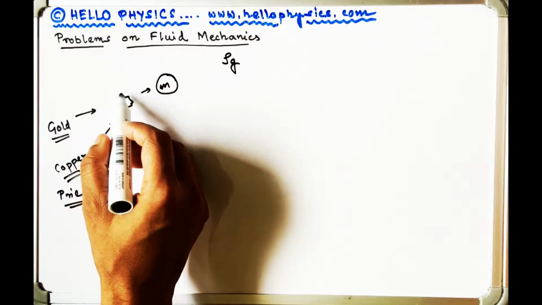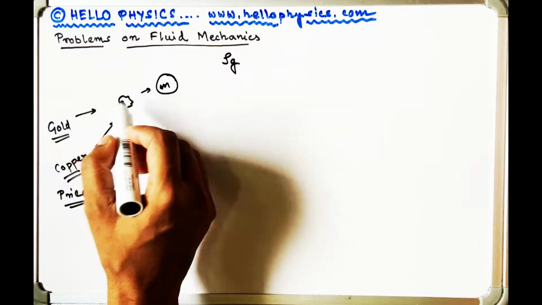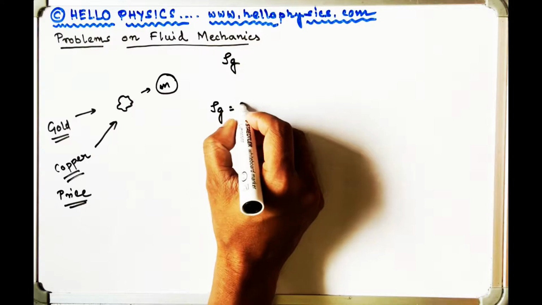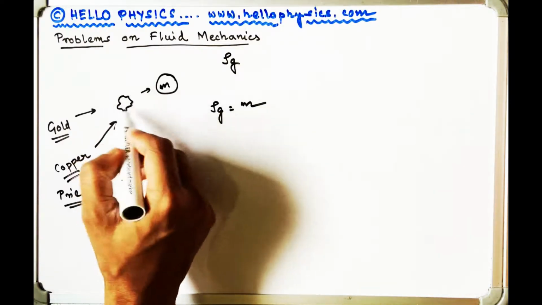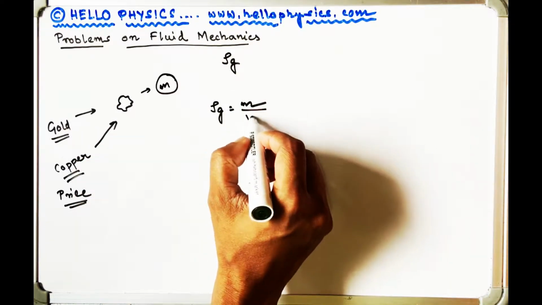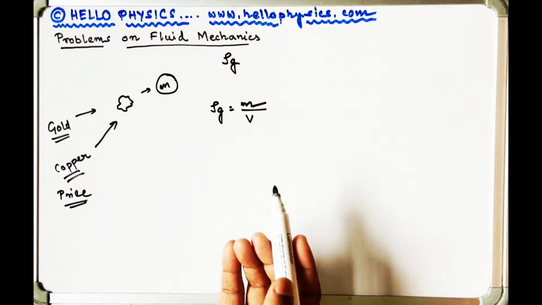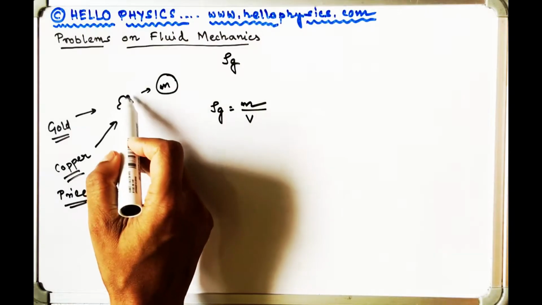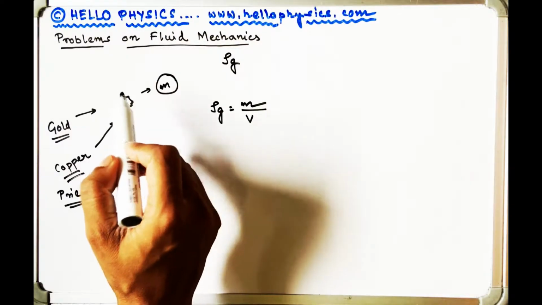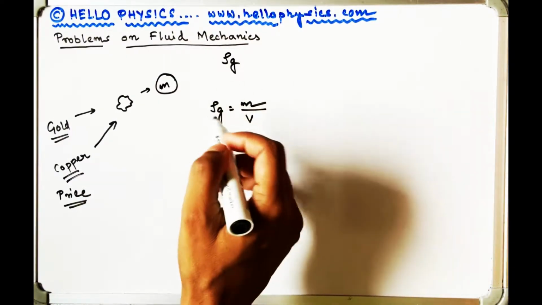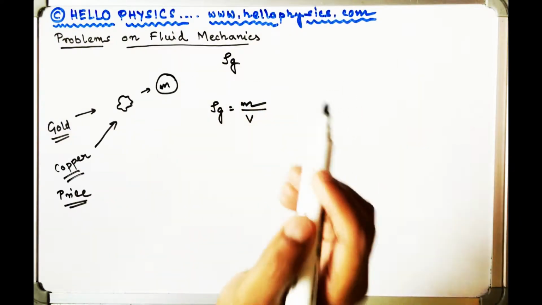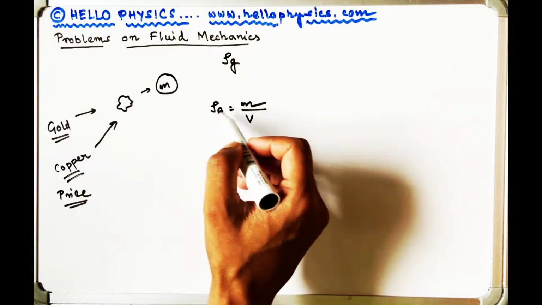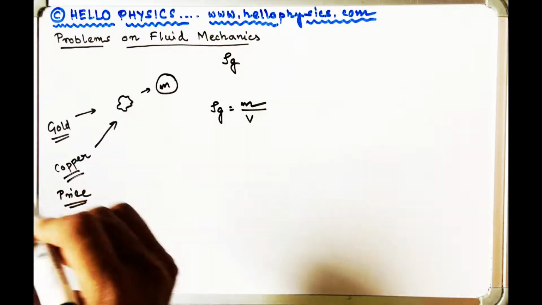If you can measure the volume of this gold piece, then rho g must be equal to the mass of this piece divided by the volume of this piece, right? I hope you are clear with me. You can measure the mass of this piece of gold by using a weighing machine. If you can measure the volume of this piece of gold, you can calculate the density of this piece.